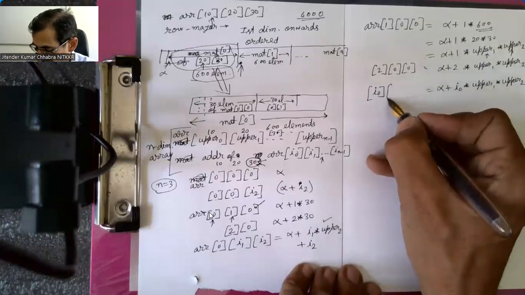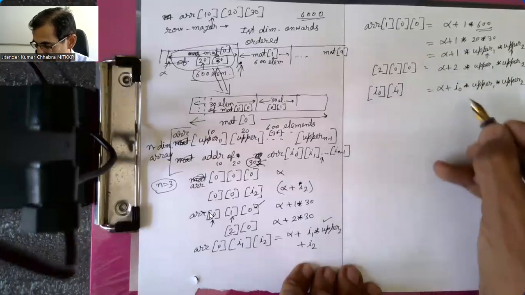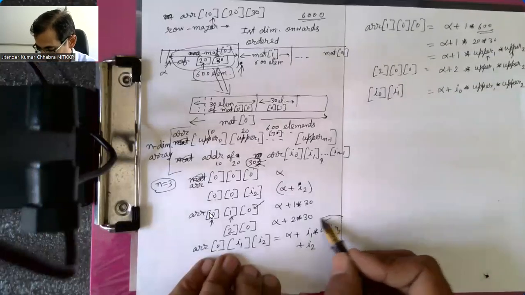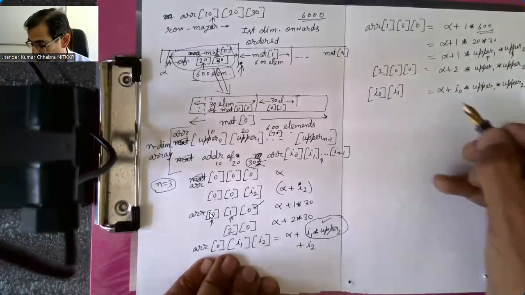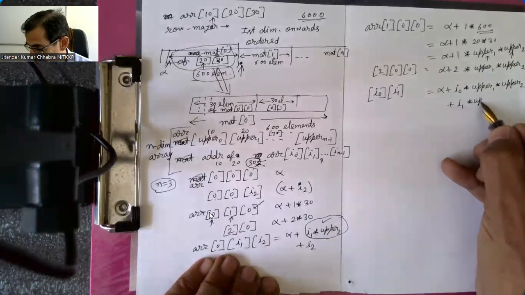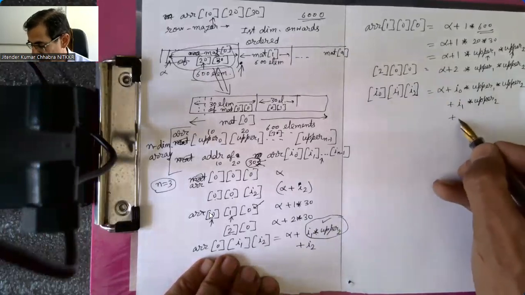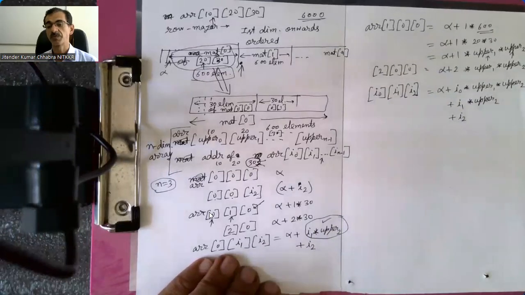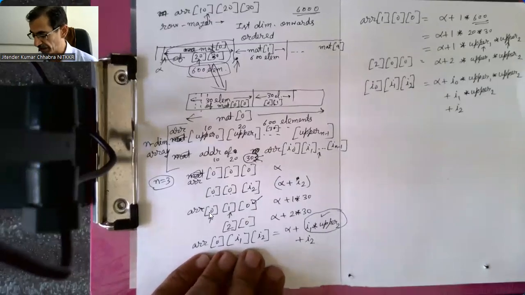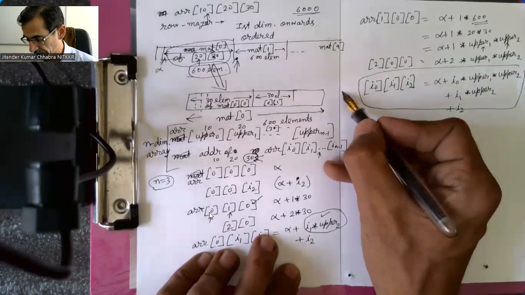Now instead of 0 here, let's have I1. I1 will mean this factor coming now, plus I1 into upper 2. And now I2 coming, that will mean plus I2. So effectively, for my 3D array the formula is ready.